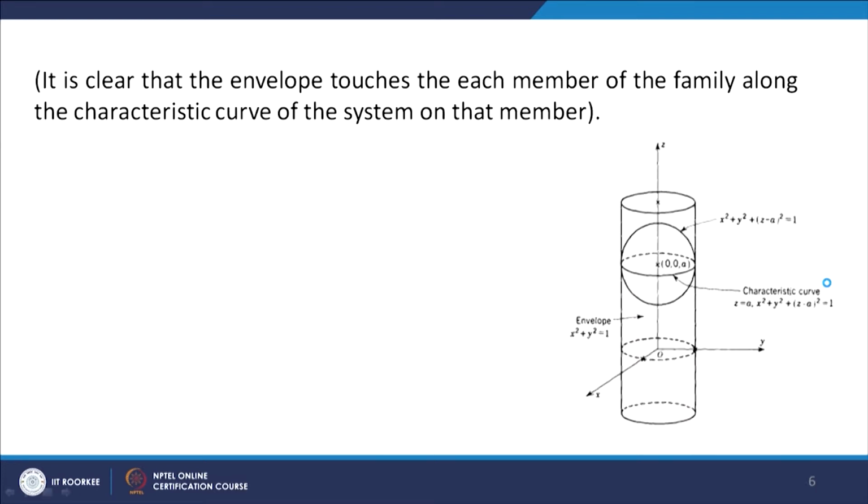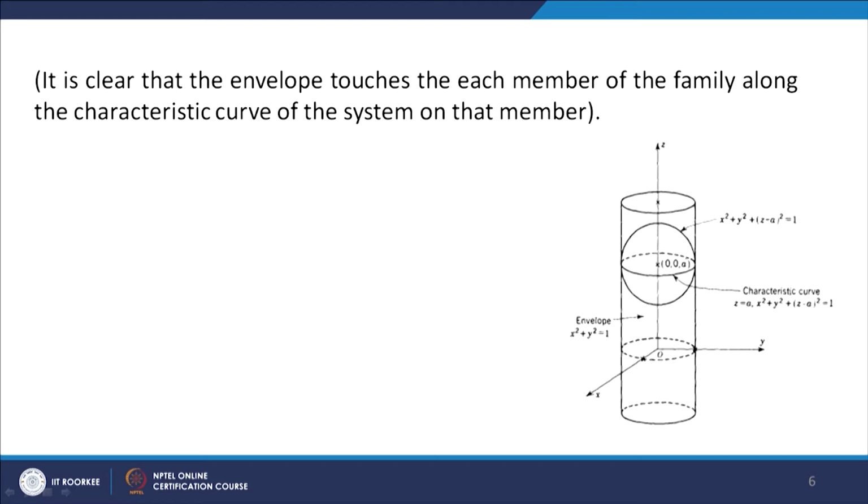So, it is clear that now let us see this figure. This is your family of spheres x square plus y square plus (z minus a) whole square equal to 1, with center at the point 0, 0, 1 and having unit radius. Now, this is the characteristic curve, z equal to a, x square plus y square plus (z minus a) whole square equal to 1.